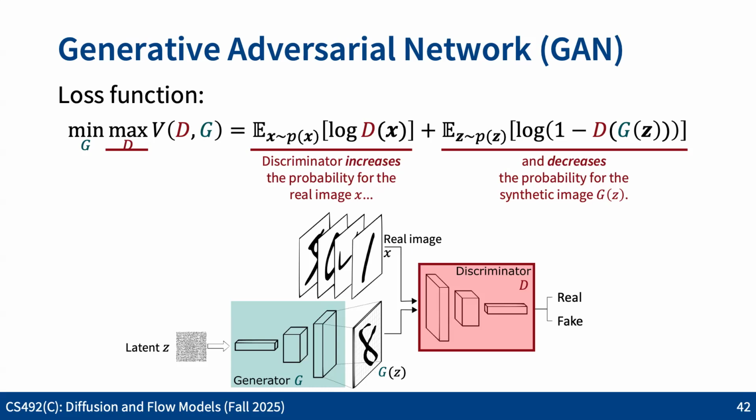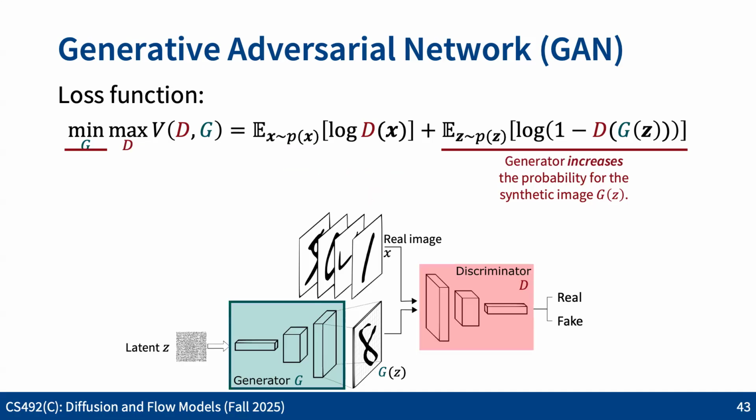And then this is the 1 minus term here, which means that we are going to decrease this. The probability of how likely this fake image will be treated as a real image should be decreased, right? So this is the design of the loss function, increasing that and decreasing that by maximizing over the parameters of D.